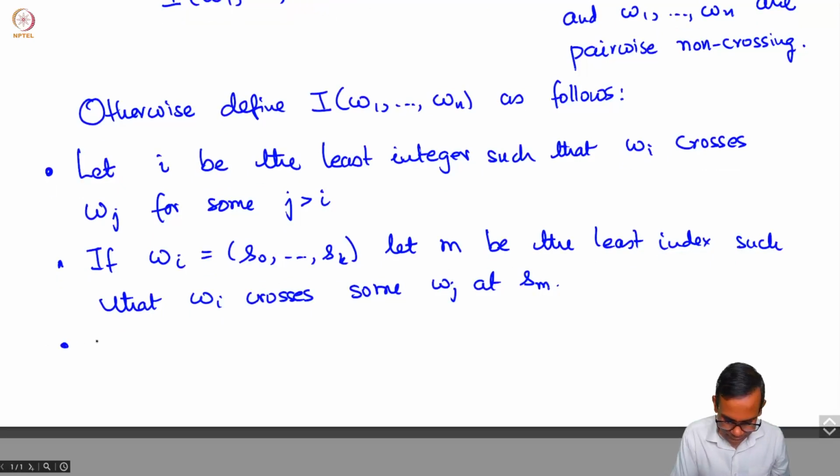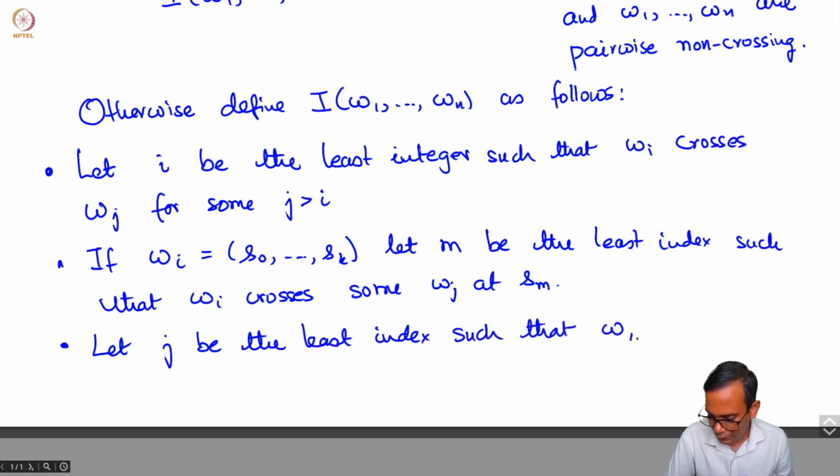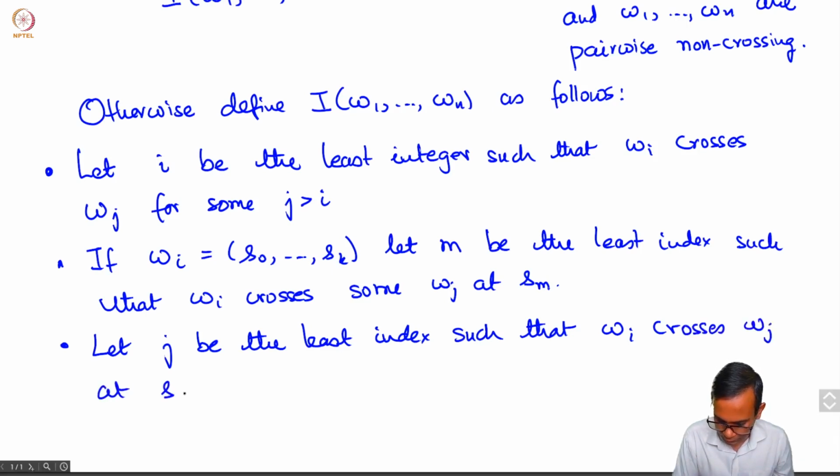And then finally, let j be the least index such that omega_i crosses omega_j at the node s_m.